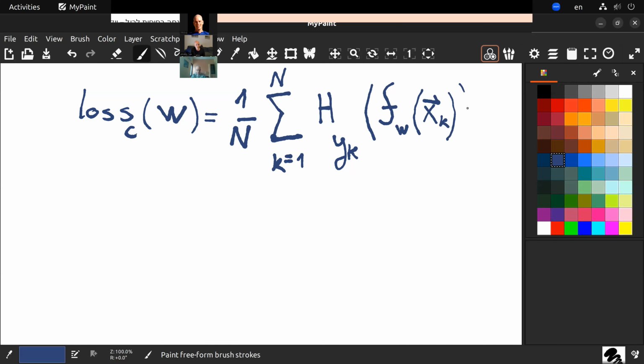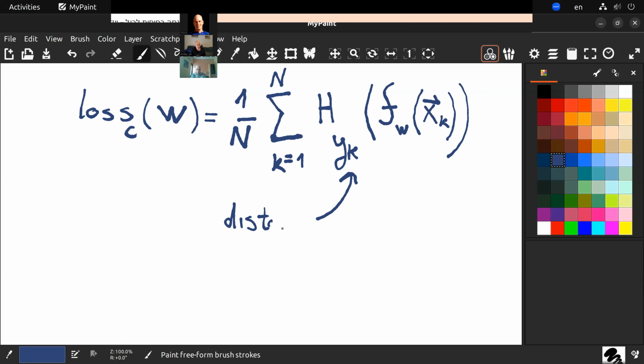Before I got confused, I started writing the definition of F. It's important that if anybody loses you, you should just understand what's written there with the H guy, which is a bit mysterious. I'm going to talk about it now. It's the cross entropy distance. You could use other distances. It's your prerogative to like this one. But it's a distance between YK and F of W of XK.